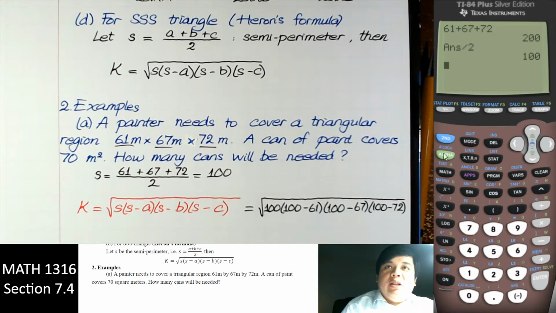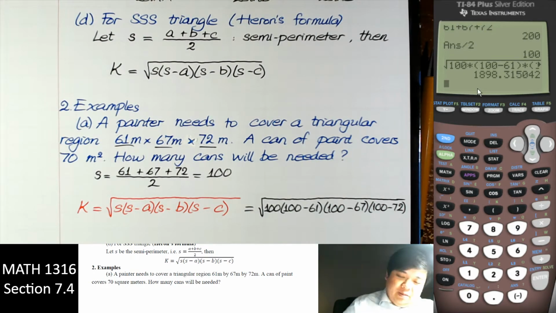So we have the square root of 100 times 100 minus 61, times 100 minus 67, times 100 minus 72, and we have that much.